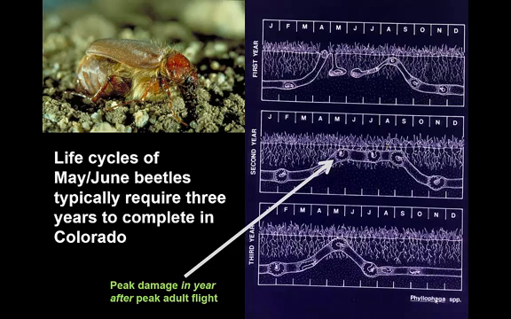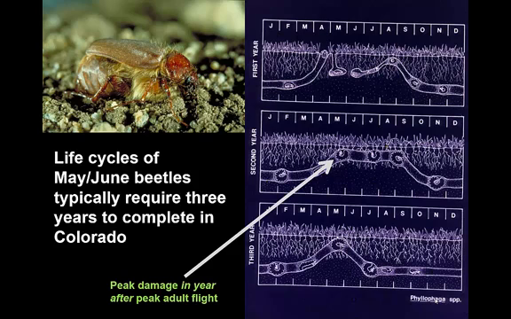Now, one of the things that is a little bit different from the other kinds of grubs, the May-June beetles have a very long life cycle, and it probably extends over 3 years to be completed. So what we'll see is the adults will be out 1 year, laying their eggs in May, June, typically, and these will produce young larvae in that first year.